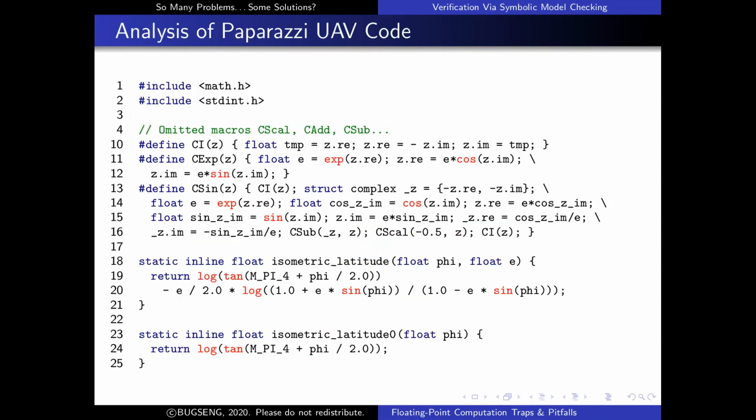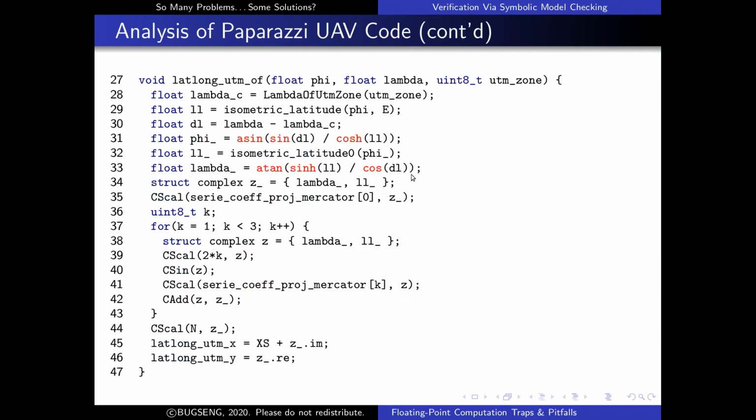So let us take again the program I showed you before. This is a portion of drone controlling software with many floating point arithmetic operations and many invocations to the mathematical library.